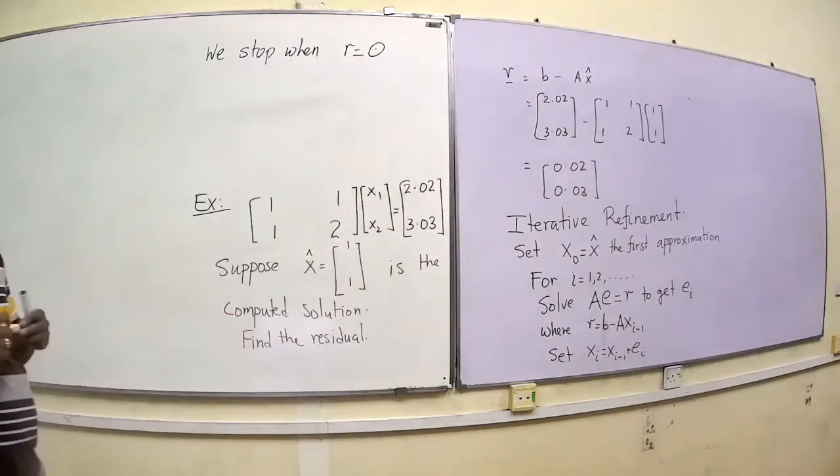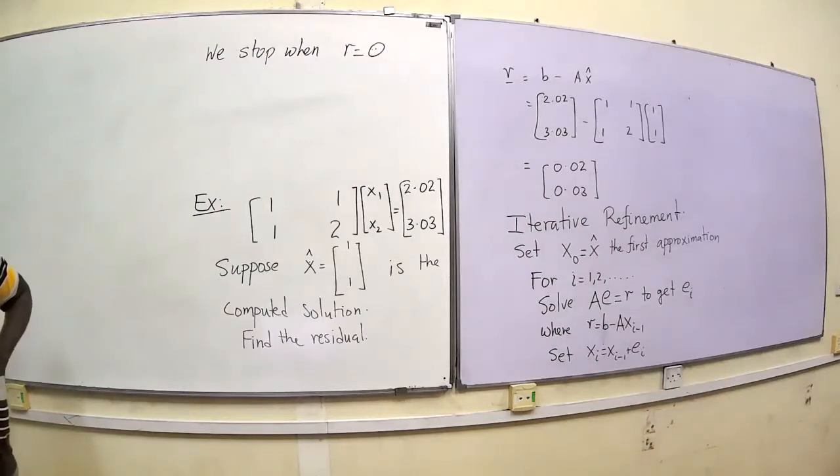You can continue this algorithm until you get r equal to 0. When r is equal to 0, you know you have an exact solution.